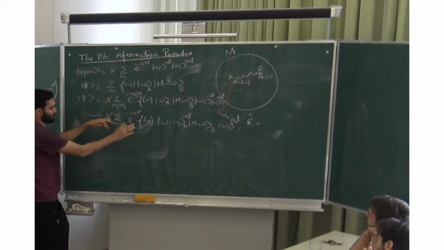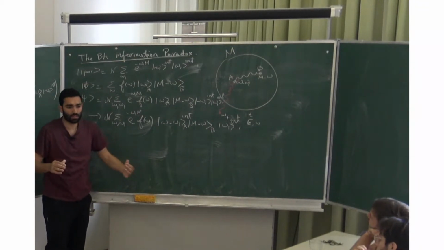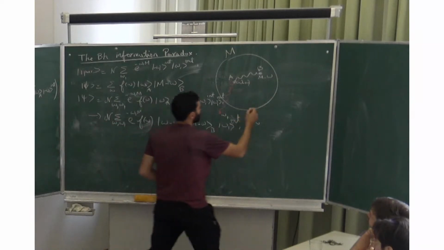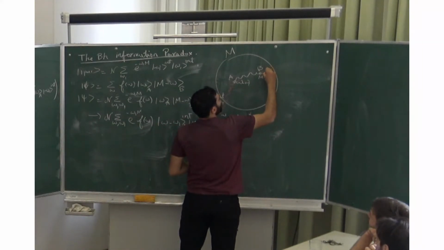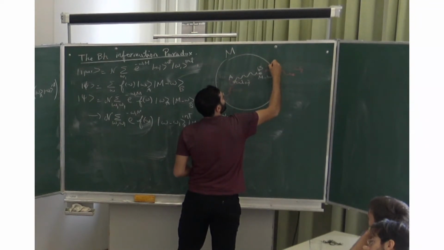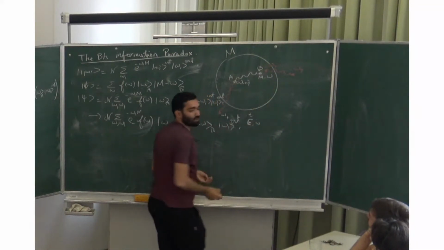Okay, we have this happening. Now the black hole is there, and everything is there, so it will still emit more and more particles, more and more pairs. So then I have another pair created, omega 2 and minus omega 2. And then these guys interact.